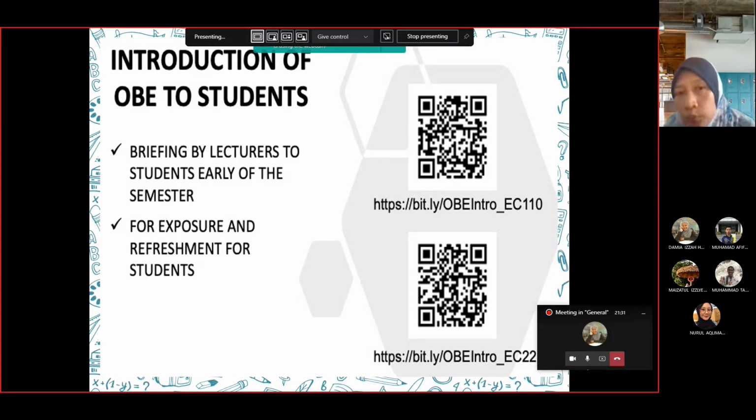Okay, when we talk about OBE, actually we have 3 domains. First one is the cognitive domain. Second one is the psychomotor domain, and the third one is the affective domain. If you go further dalam informations ni, kognitif ni melibatkan kemahiran pengetahuan. Psychomotor ni kemahiran motor awak, maknanya menggunakan tangan awak untuk mengguna any tools lah, equipment.